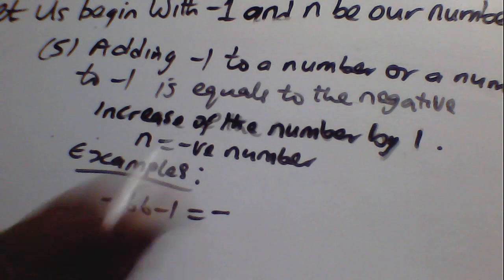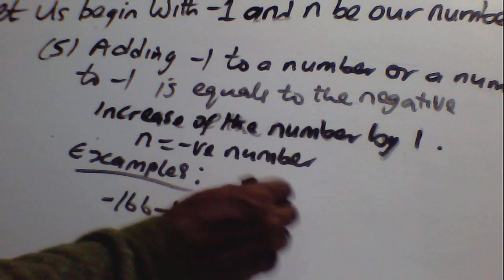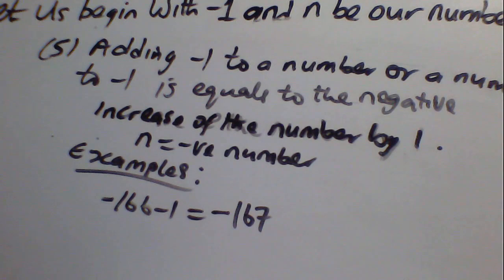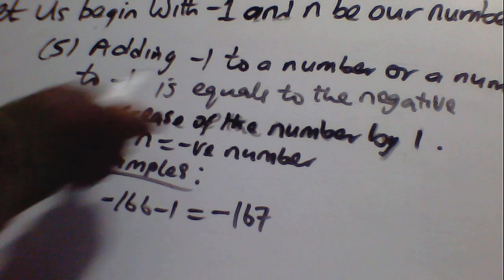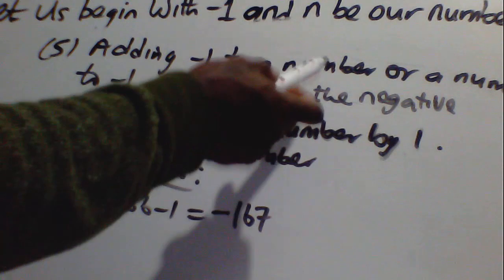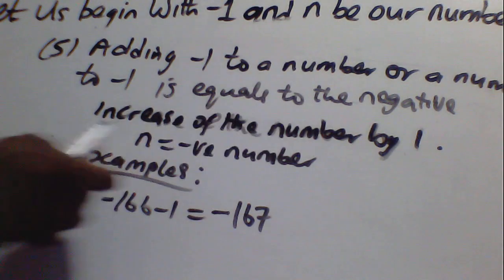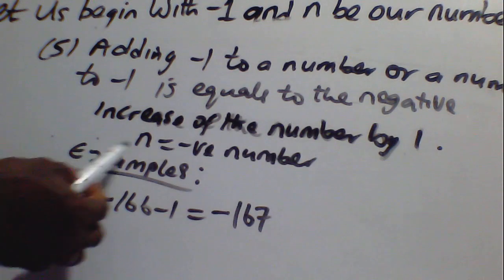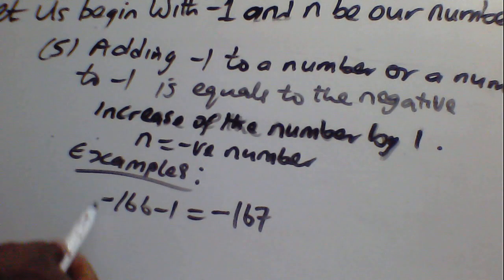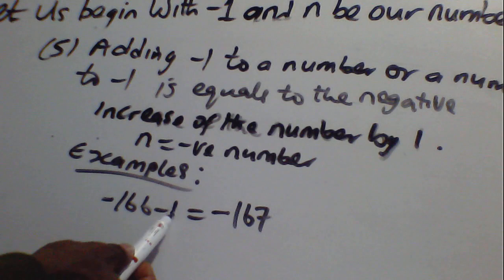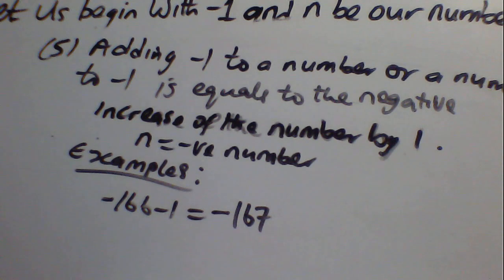So 166 plus 1 will give us 167. So that is it. Adding minus 1 to a number or a number to minus 1 is equal to the negative increase of the number by 1. In this case, n is a negative number. Negative 166 minus 1 is equal to negative 167. A negative increase of the number by 1, not positive.